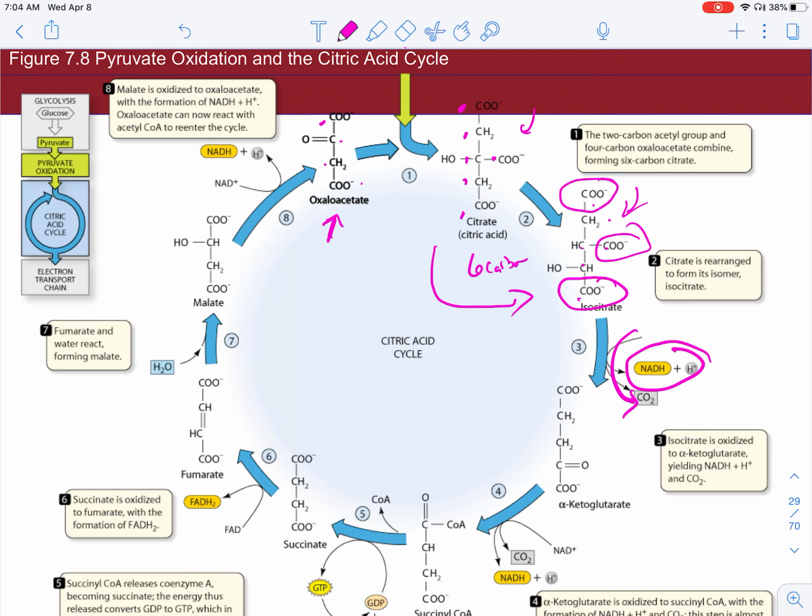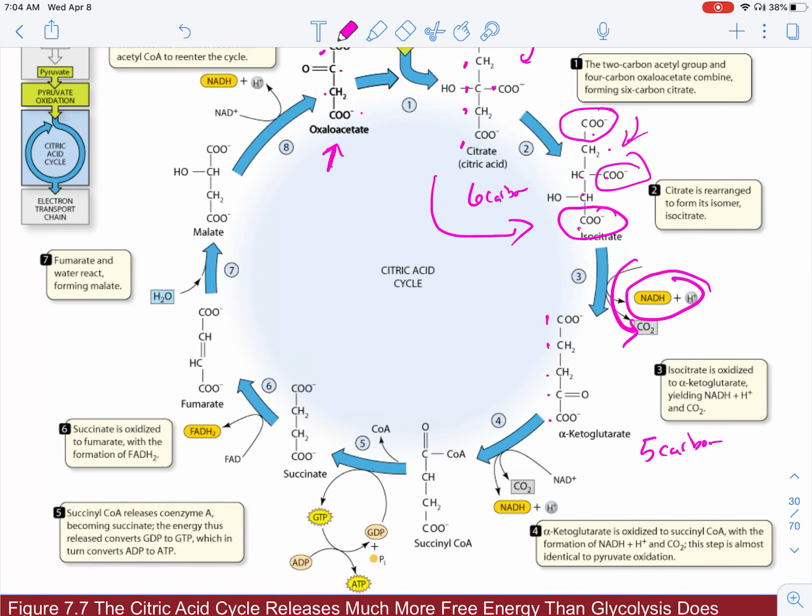Whenever we do that, we generate an NADH, a reduced electron carrier. So now we have one, two, three, four, the five carbon alpha ketoglutarate. We're going to go through another round of decarboxylation.